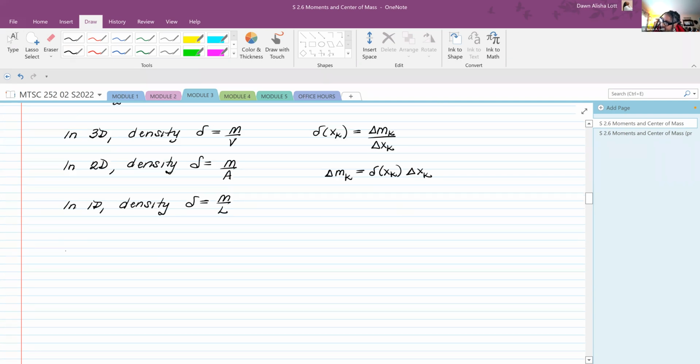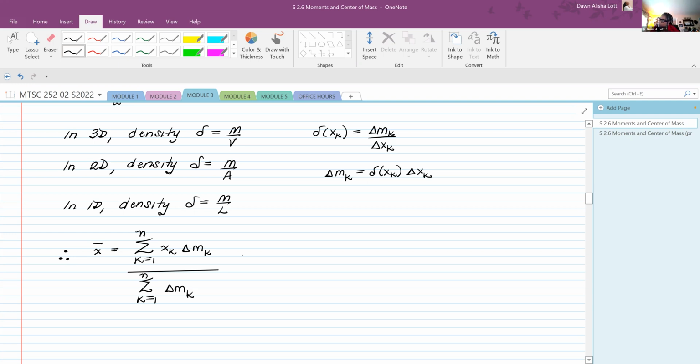Therefore, x bar now is going to be the sum k equals 1 to n of xk delta mk divided by the sum k equals 1 to n of delta mk.